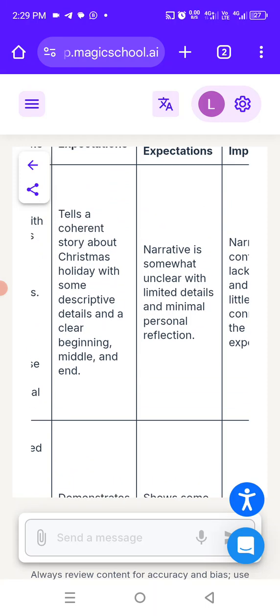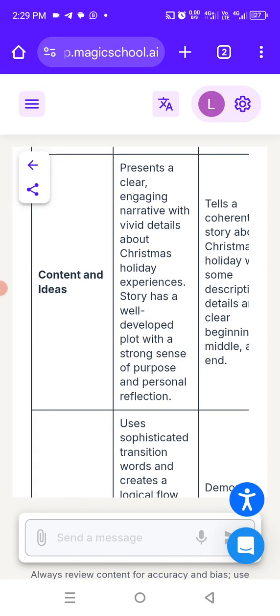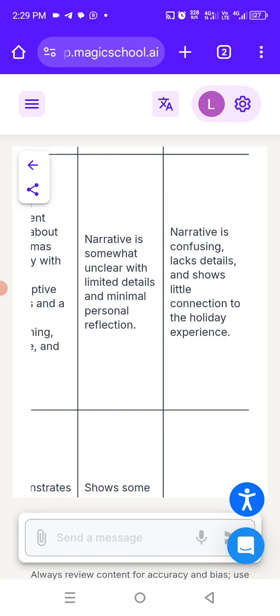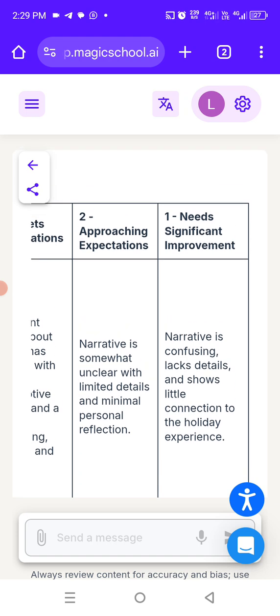So if the person falls under needs significant improvement, out of the 5 marks the person can get something like 1 or 2.